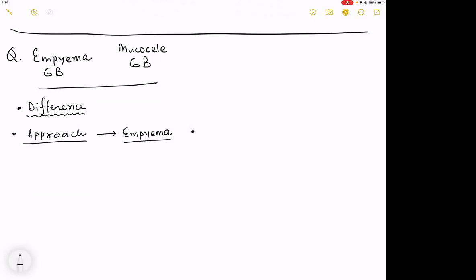the first approach is resuscitate, because the patient is in sepsis. Number 2, give the patient IV antibiotic.